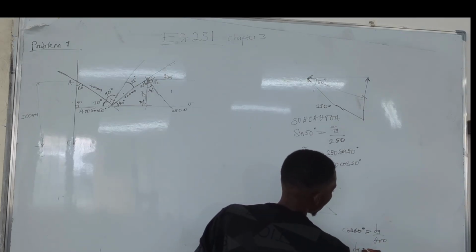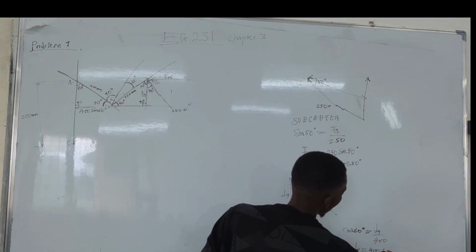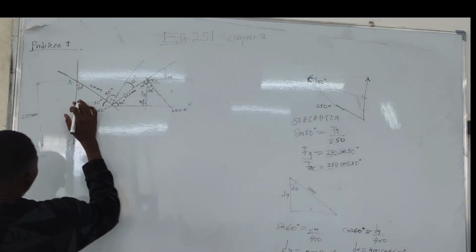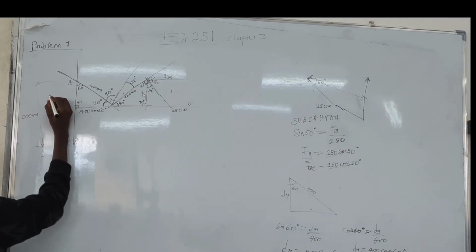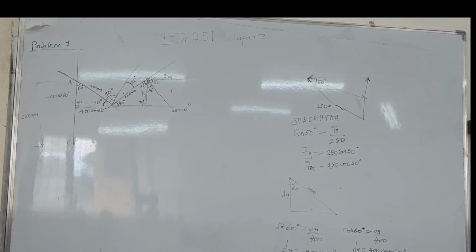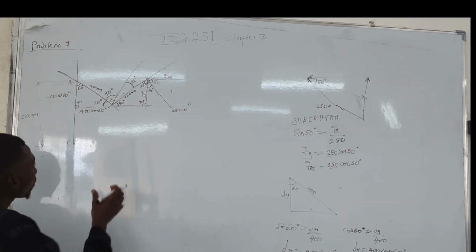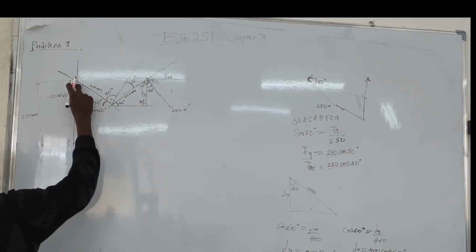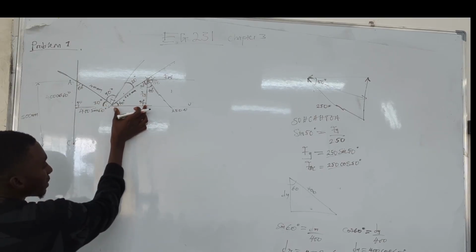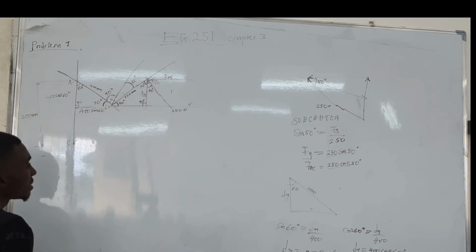Therefore, distance in the y is 400 cos 60 degrees, okay? So since we have found the missing distances here, we can go to this other part. We also find the missing distances, okay?